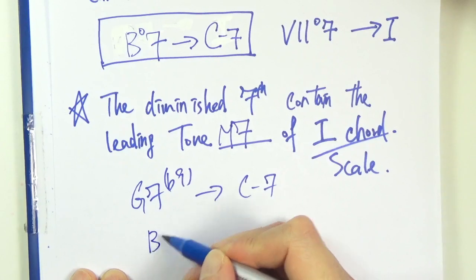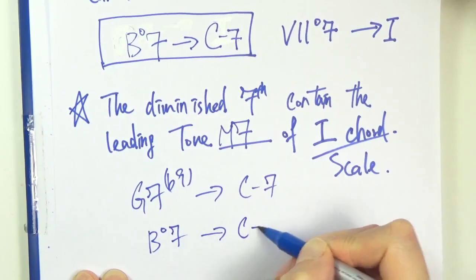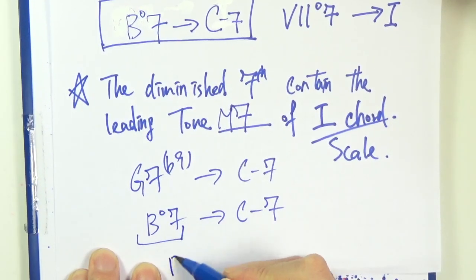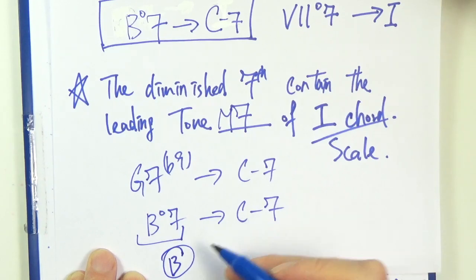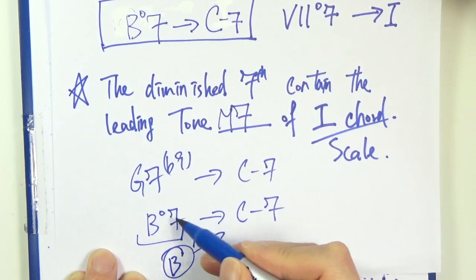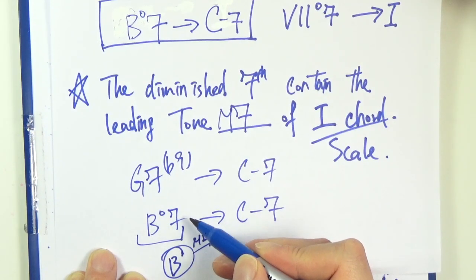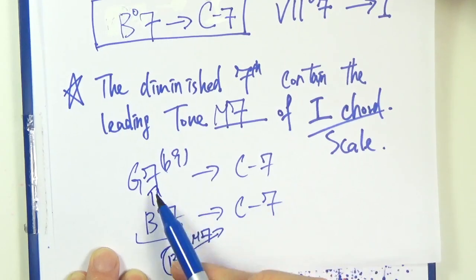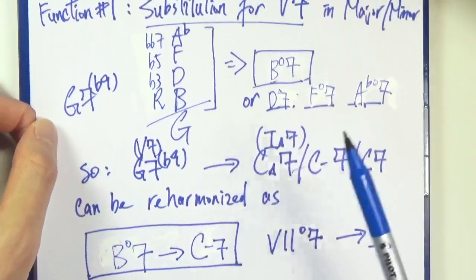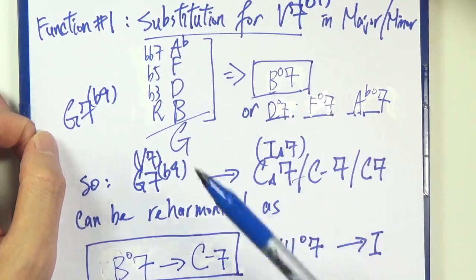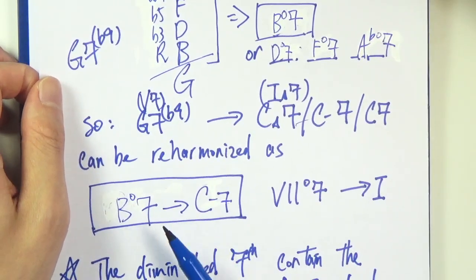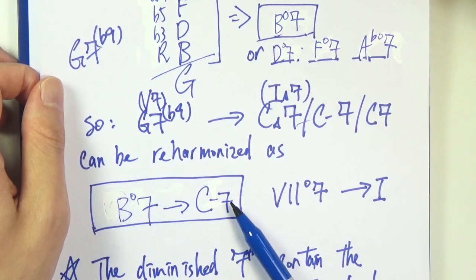If you reharmonize that as B diminished 7 to C minor 7, the diminished chord here must contain B, which is the major 7th of C, for this chord to be a substitution for G7 flat 9. Otherwise, it wouldn't be able to fulfill the function as a substitution for V7 flat 9. It must contain the note B, and we prefer it to resolve in this manner, from B up a half step to C, okay?